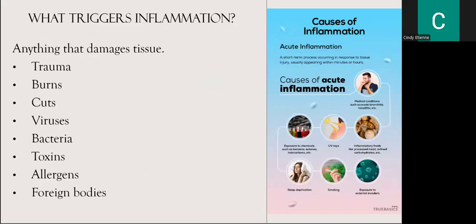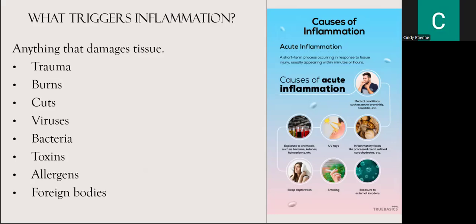Right? So what triggers inflammation? Inflammation begins whenever the body detects tissue damage or a potential threat. Think of it as the body's emergency alarm system. The trigger can be physical injuries such as trauma, burns, or cuts where tissues are directly damaged. It can also be caused by infectious organisms, including viruses and bacteria that invade the body. Toxins, whether from chemicals, medications, or venom, can injure cells and trigger inflammation as well.